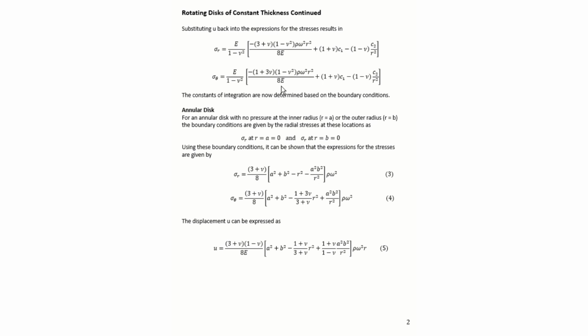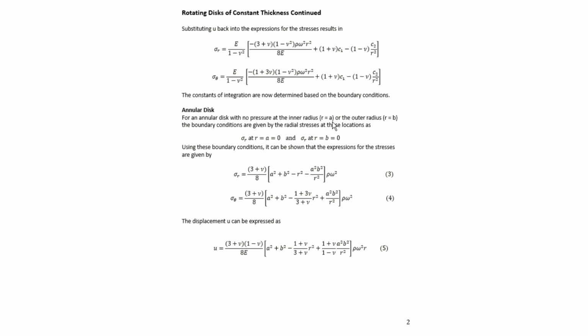The boundary conditions used to solve for C1 and C2 depend on the type of disk that we're looking at. So if we look at an annular disk, this would be a disk with a hole in the center where there would be no pressure at the inner radius and no pressure at the outer radius.